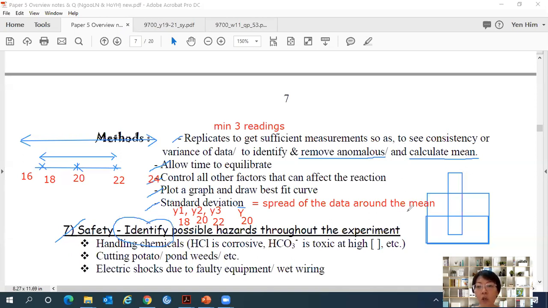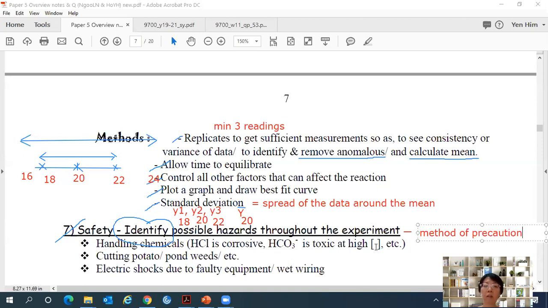Not only that, you must tell them the method of precaution. Don't write "how to prevent"; write "method of precaution".